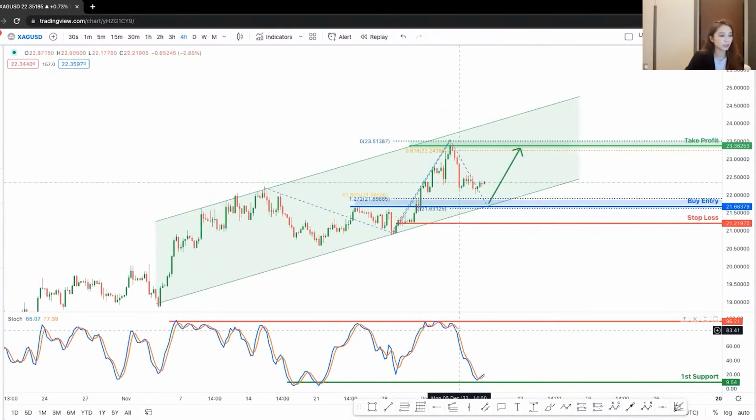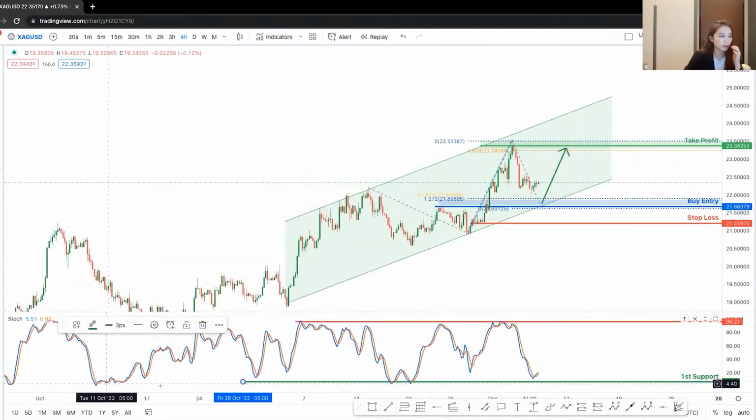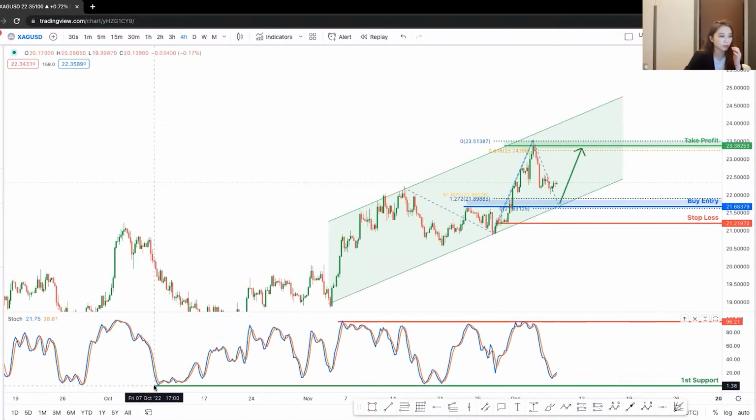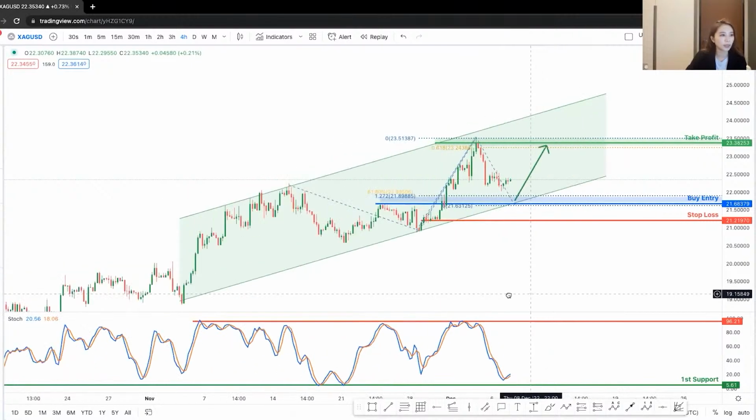All right, so there's a chance where we can see a bounce up from here. Sorry, the support can be slightly lower. So we are seeing that there's a chance where price will drop slightly a bit more and then bounce all the way up to our take profit. However, you can see that I'm plotting the resistance to be 96.21 and support to be 56.1. All right, this is what I am looking at right now.